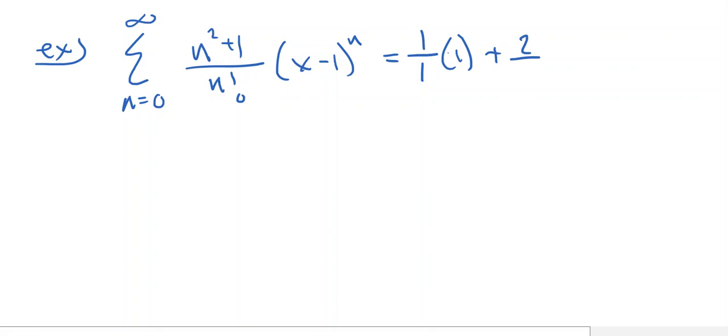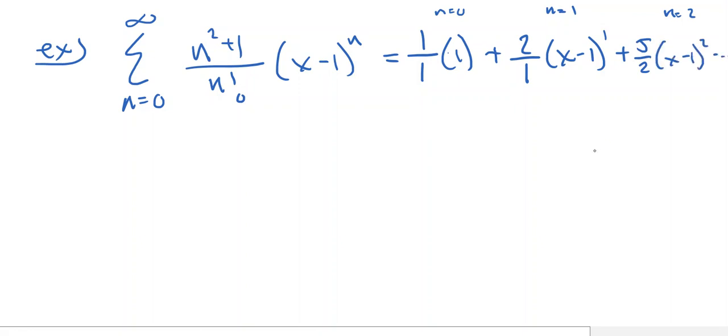And 1 factorial is 1. And then we have x minus 1 to the first power. And then the third term, when n is equal to 2, we will have 2 squared is 4 plus 1 is 5 over 2 factorial, which is just 2, times x minus 1 squared, on and on and on.